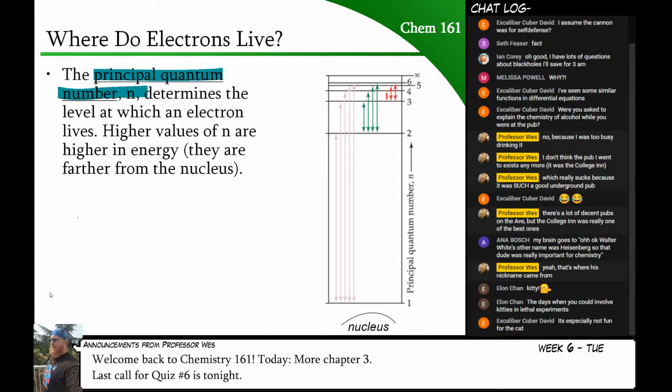Now, we can interpret that by thinking about how the nucleus works and how energy works. So, if I make this axis right here, this is going to be potential energy. This line right here, n equals infinity, we're going to call that 0 kilojoules.